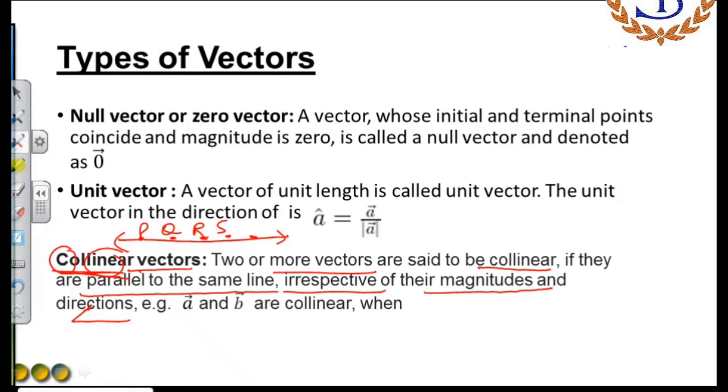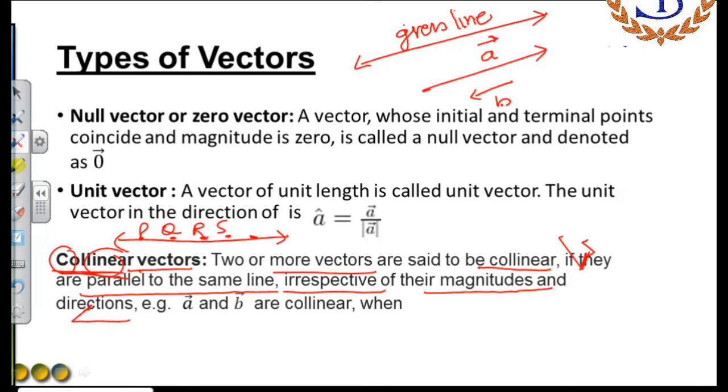For example, here I am drawing a line. It is a given line. And I am having two vectors. One is A in the direction of this, and another one is B in the direction of this. Now here these two vectors are of different magnitude.